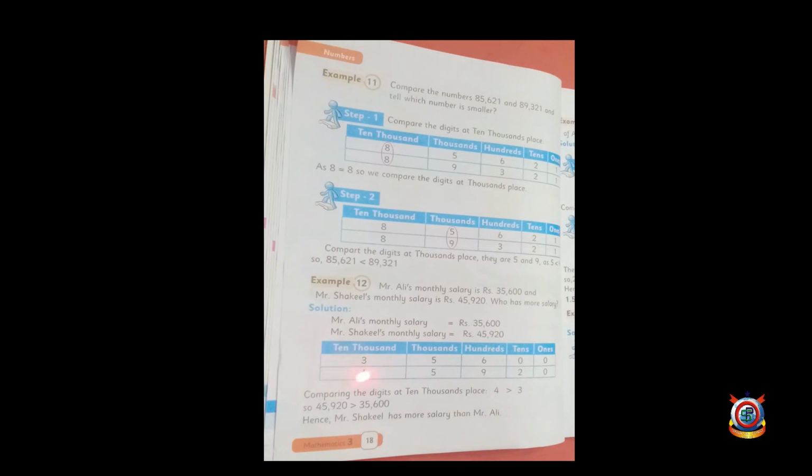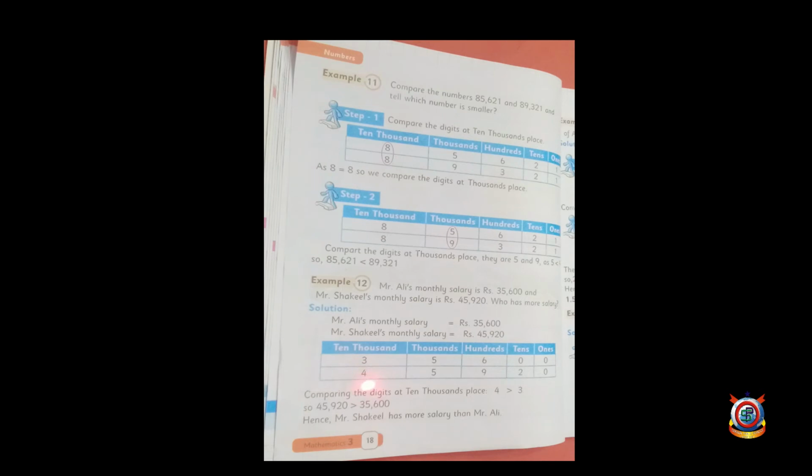Then first of all, you will compare 10,000, the number in 10,000s place. Look at, you can compare both the numbers. In 10,000 place, 3 is small and 4 is greater number. So you can easily find out that 4 is greater, so the whole number is greater.